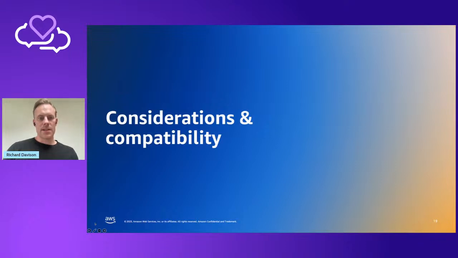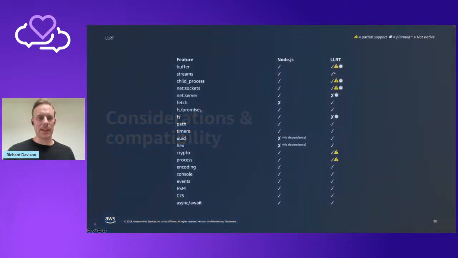So some considerations and compatibility. What's the catch? You might wonder, why shouldn't I use LLRT for everything? If I have a JavaScript workload, why don't I use it for everything? There is obviously some trade-offs. As I mentioned before, in order to make it so fast and efficient, I have to make it light. And by design, it's not supporting everything from Node.js.